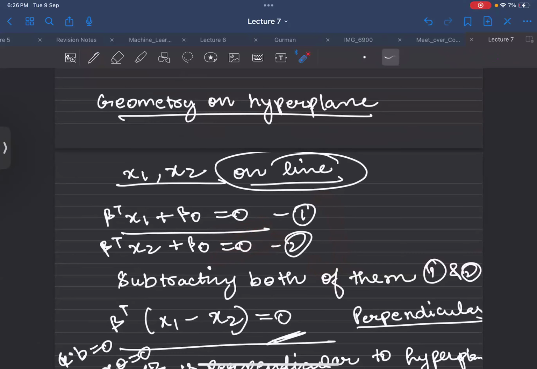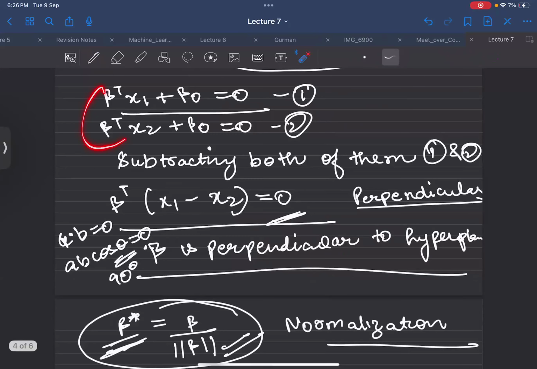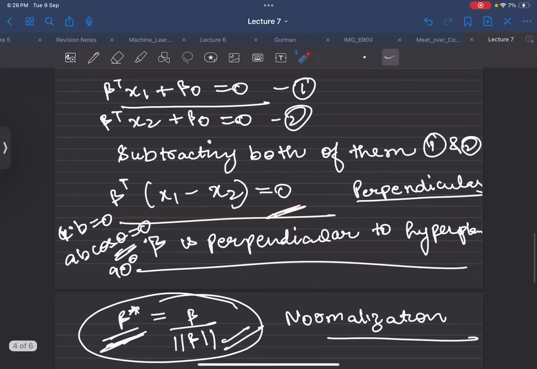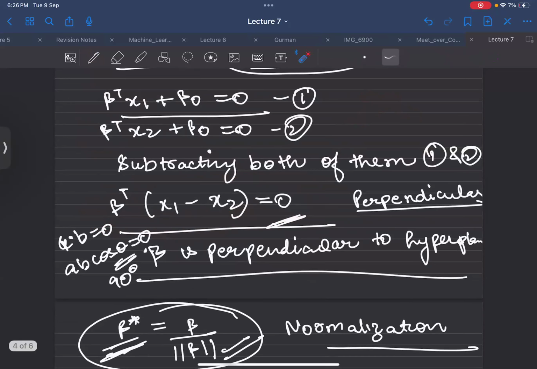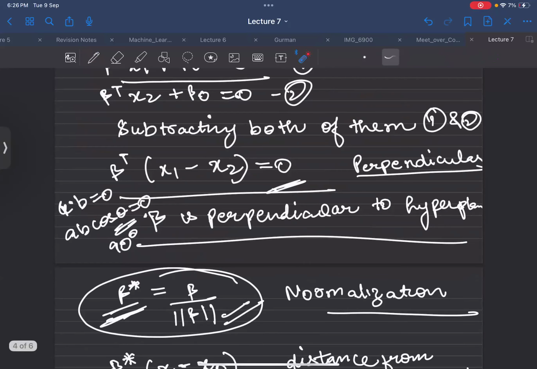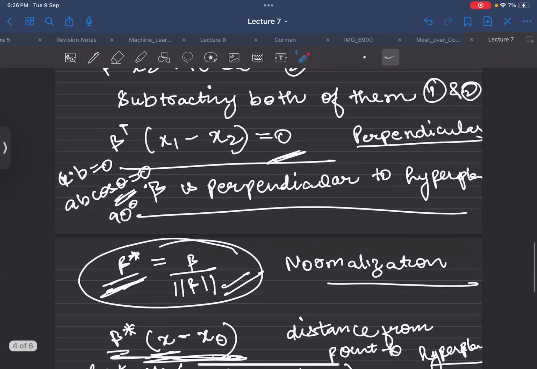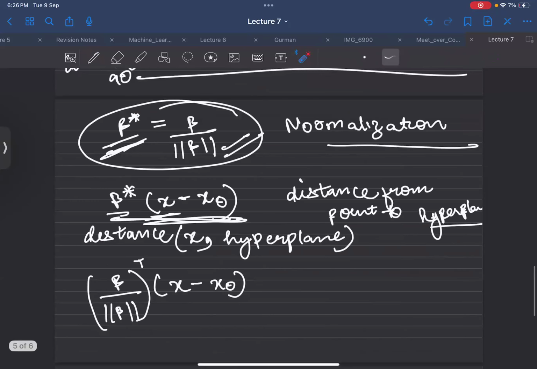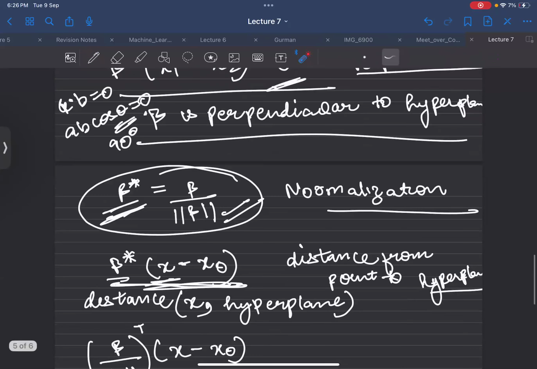Okay, Yashwant? Now, if I subtract these two, what I get is this thing, which means that beta is perpendicular to x1 minus x2. How am I getting it? Because a dot b is equal to 0, which means they are perpendicular, since ab cos theta with theta 90 degrees.